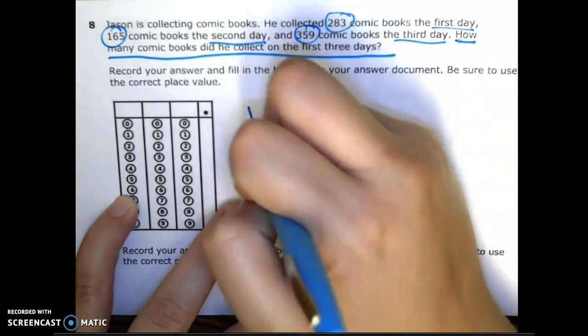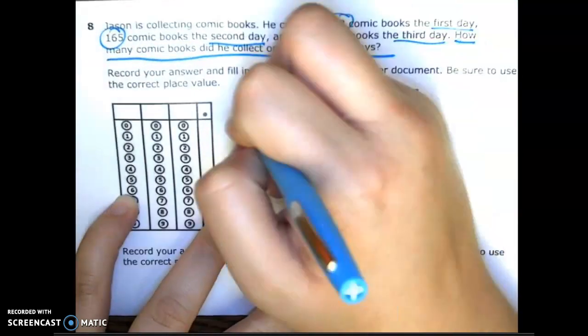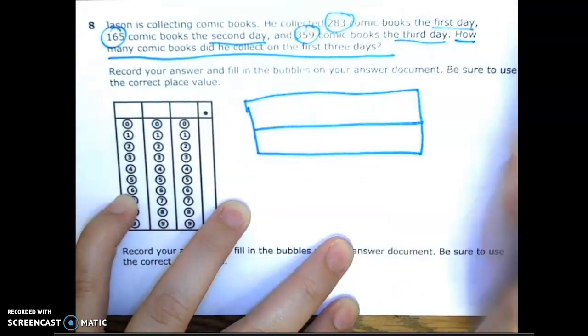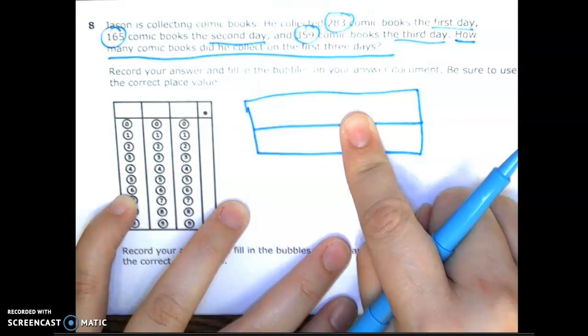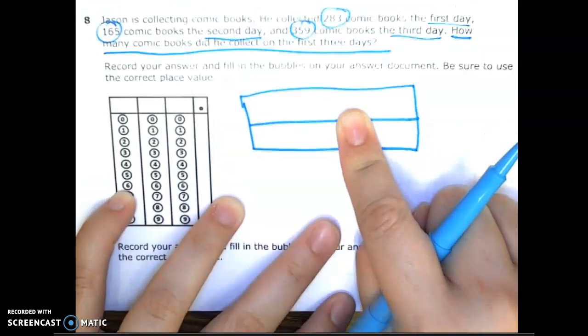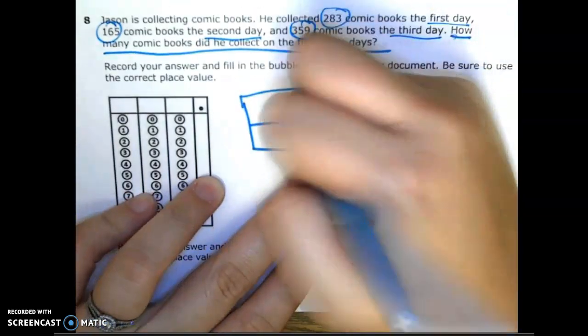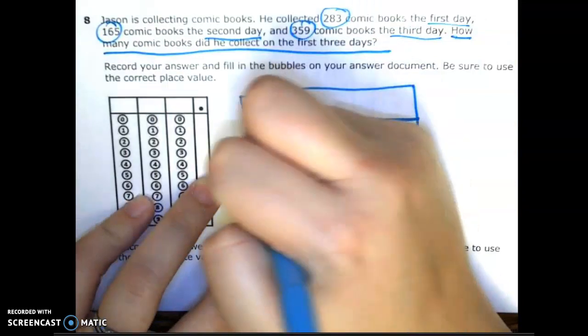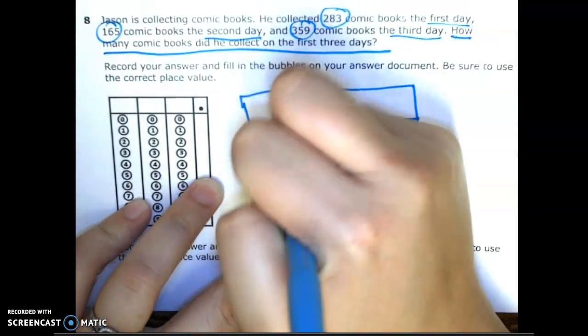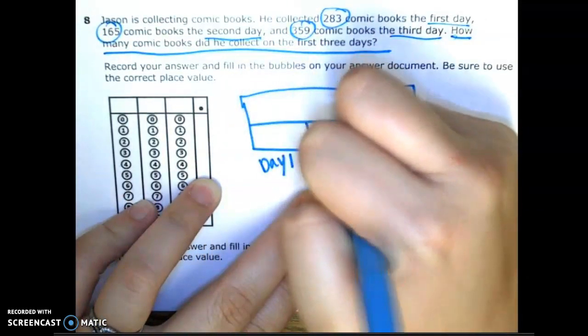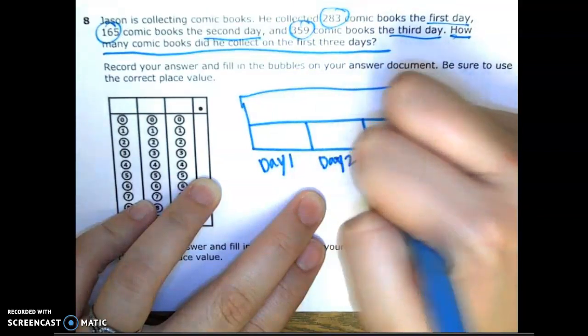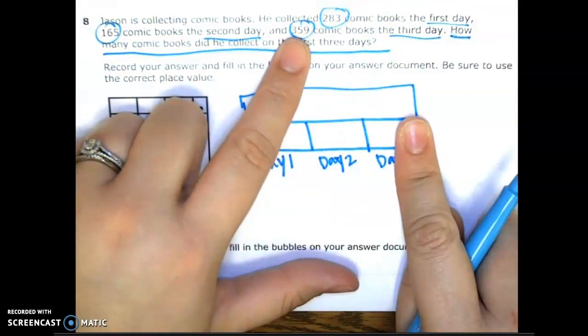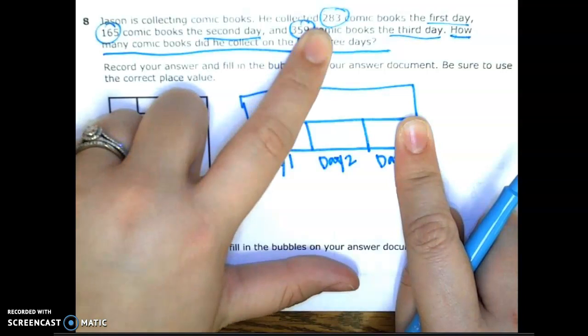So let's create a strip diagram. Do I have a total? We do not have a total, but I know I have 3 days. So day 1, day 2, day 3. On day 1, he collected 283.